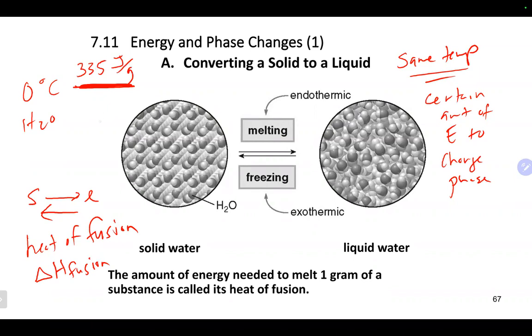And if you were going from solid to liquid, that's an endothermic process, which means it would be positive 335 joules per gram. And if you were going from liquid to solid, that's exothermic. It needs to be released. It would be negative 335 joules per gram. Again, same number, but just the sign is different depending on which direction you are going.